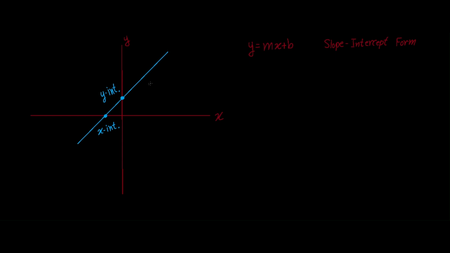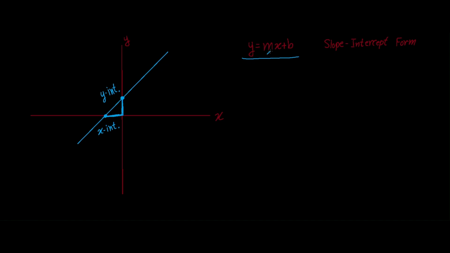And it has a slope. So the slope is the change in y over the change in x, as we reviewed in previous videos. So how can we find the y-intercept and the x-intercept from this formula right here?